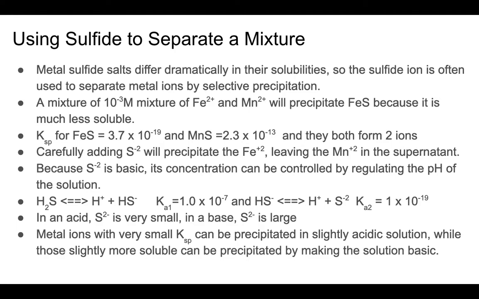But then if you slowly make it more basic, you will then begin to precipitate the metals that have slightly larger KSPs. So for example, FeS might precipitate in a mixture of H2S that has a more acidic pH, but MnS will only precipitate in a more basic pH.